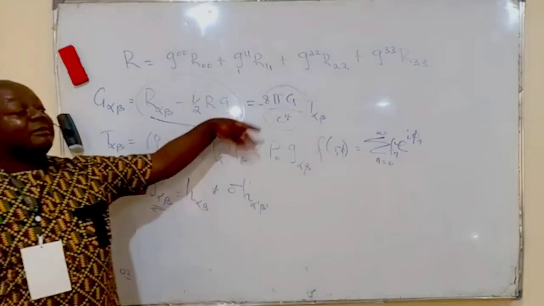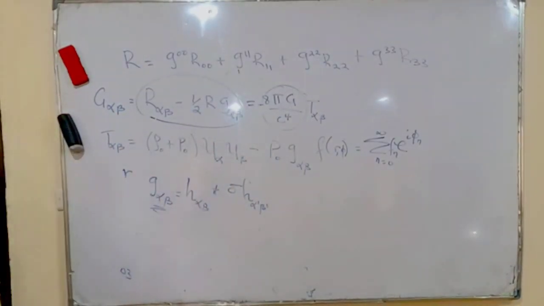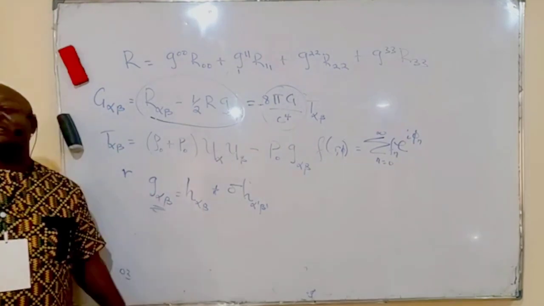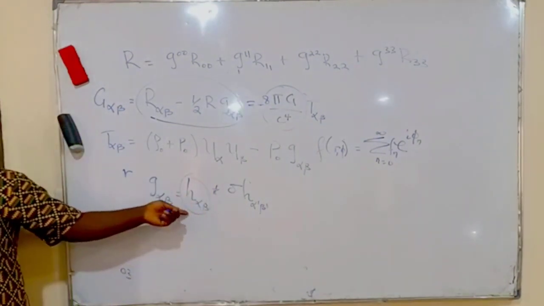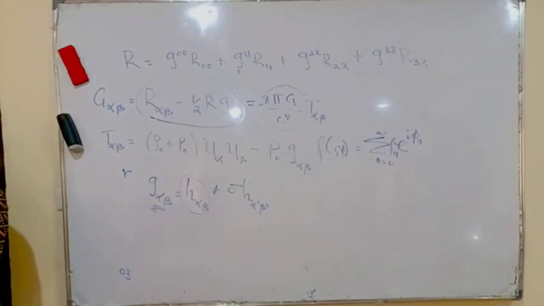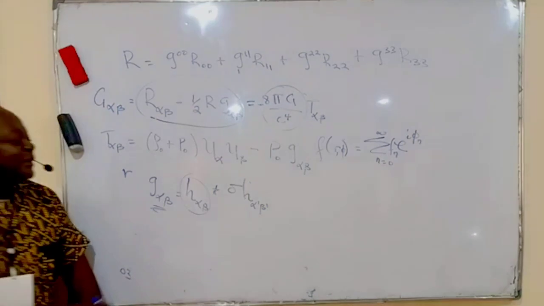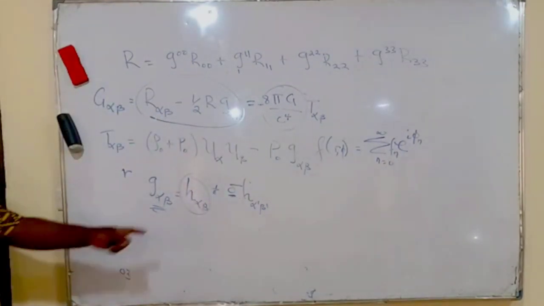Remember, everything you have written will reduce back to your metric tensor. So you now express your metric tensor as, this is a metric tensor where there is no gravity. Okay? This is a metric tensor in empty space where there is no gravity. Then you now add some small contribution of gravity to it, which is linearly dependent.